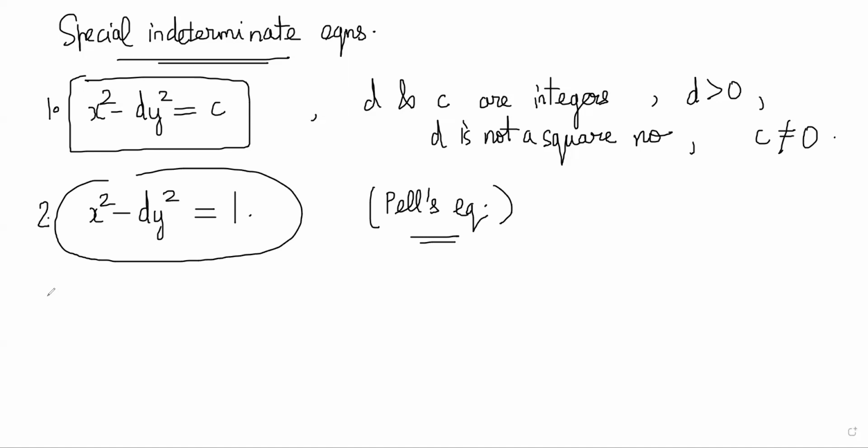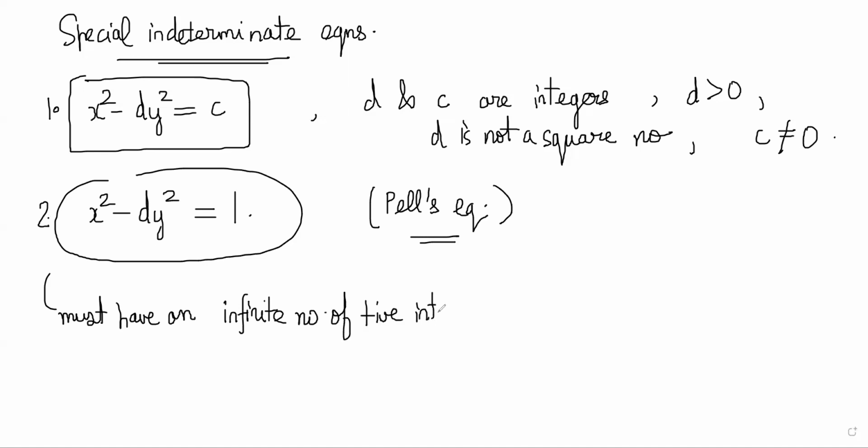The second equation must have an infinite number of positive integer solutions. And there is a way to construct a new solution if you have found one solution.